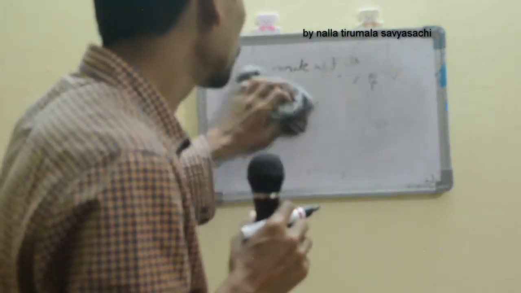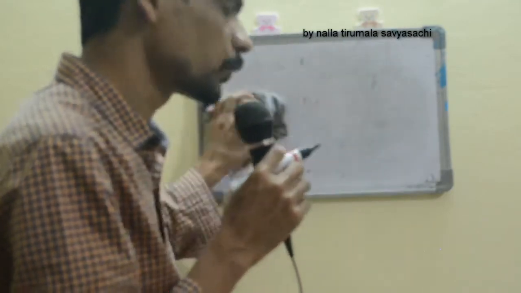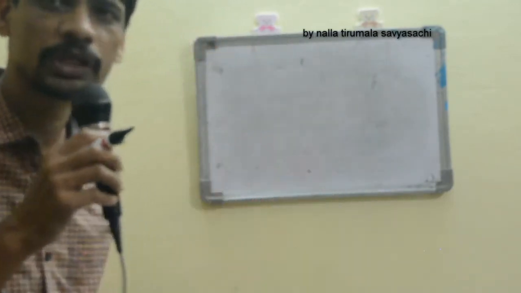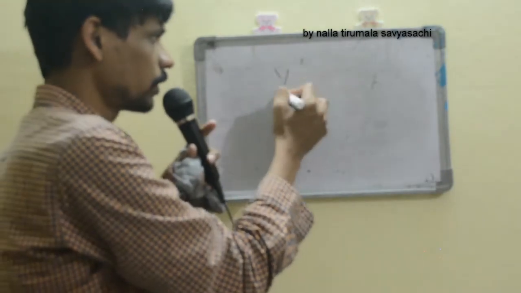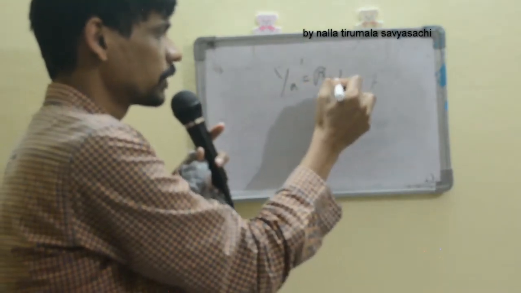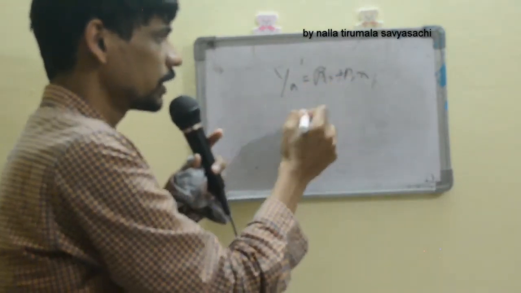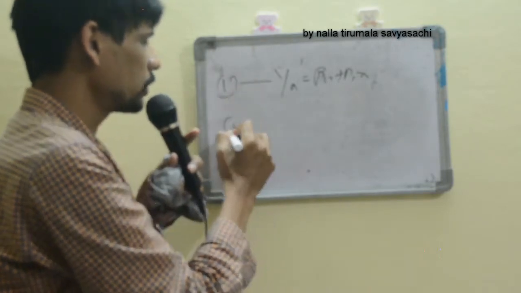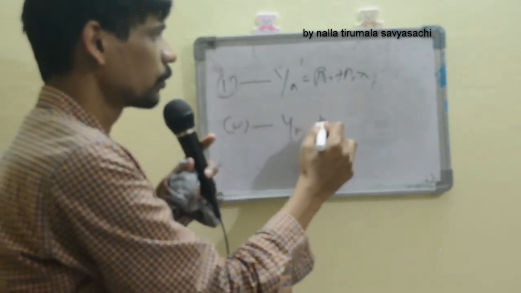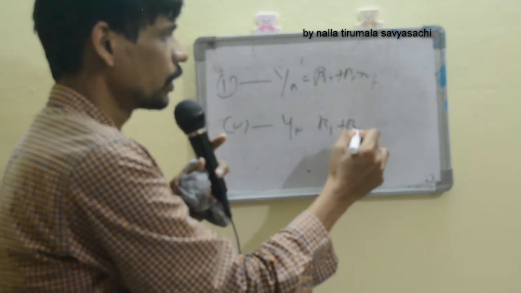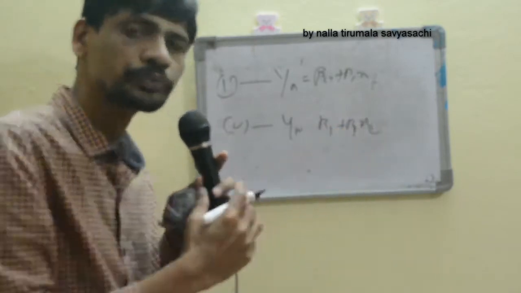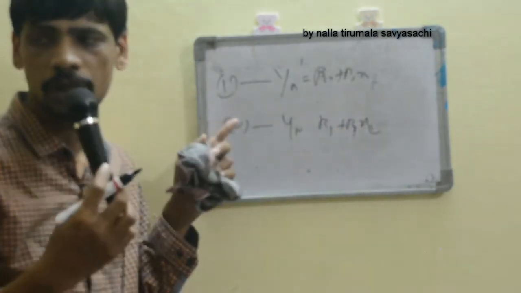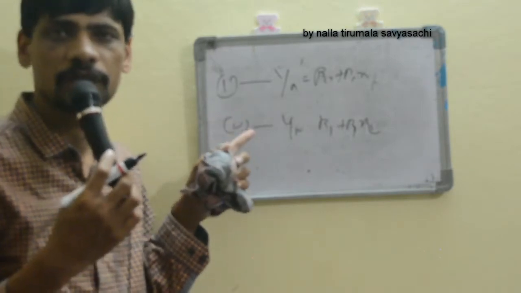So once you have done these three things, then you need to apply our simple linear equation, that is y equals b0 plus beta 1 x1. Same thing for one independent variable, and for the second independent variable, beta 2 x2. So you need to perform the simple linear regression equation.